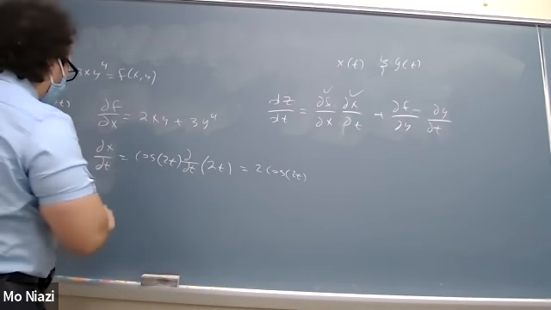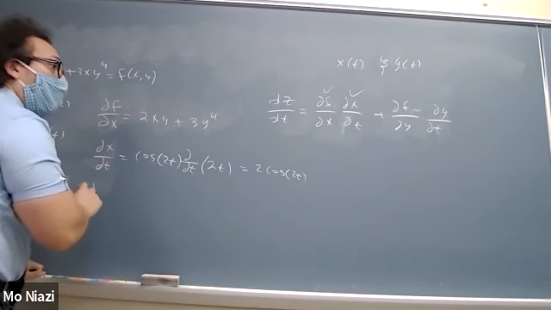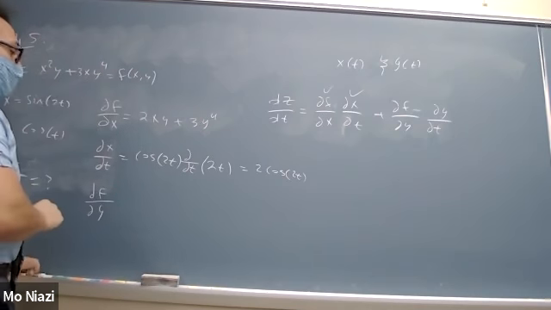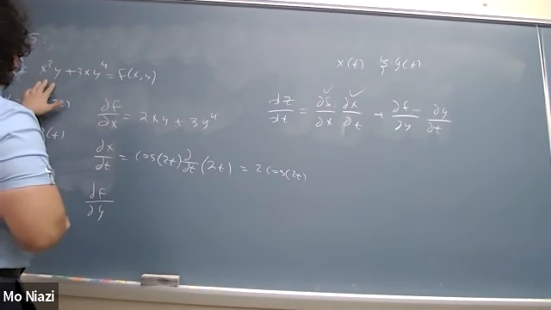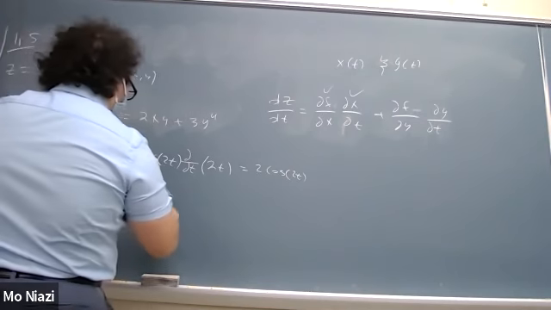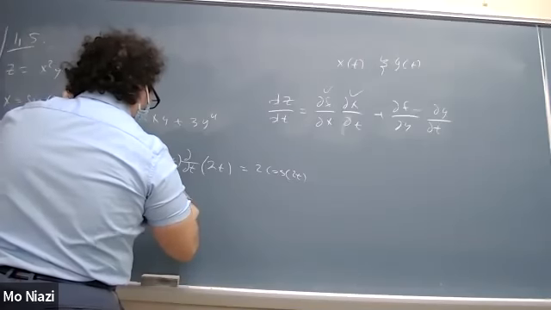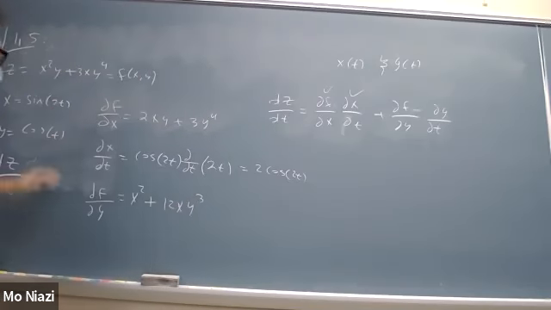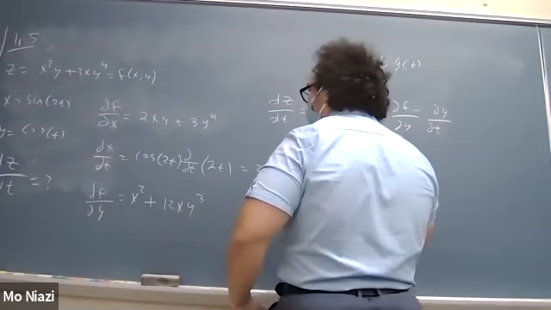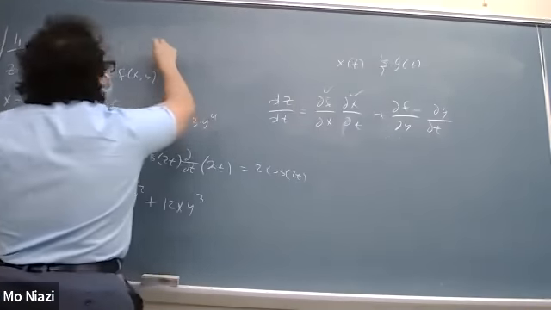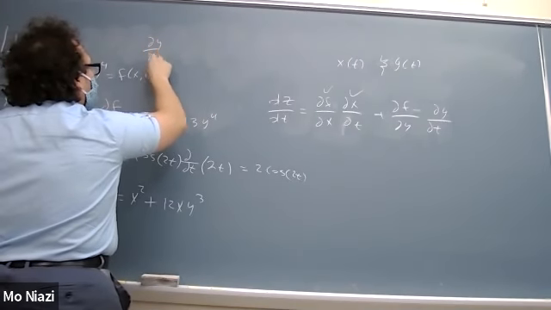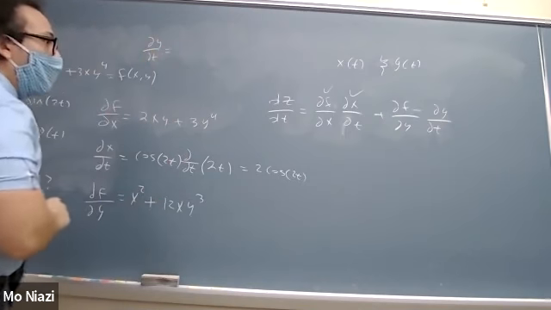Okay, so now let's go with partial f, partial y. So I'm taking partial y of f. Over here, it becomes x squared. Over here, it's 12xy cubed. All right, and then last but not least, I'll fit partial y, partial t over here.